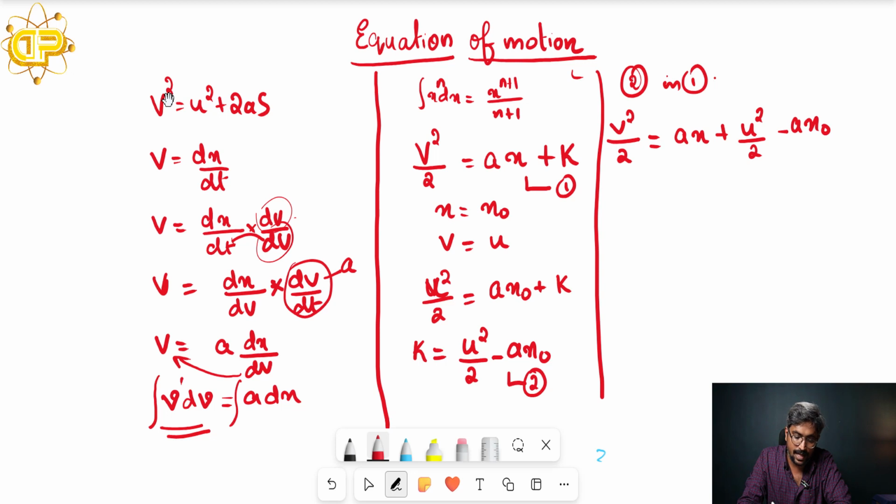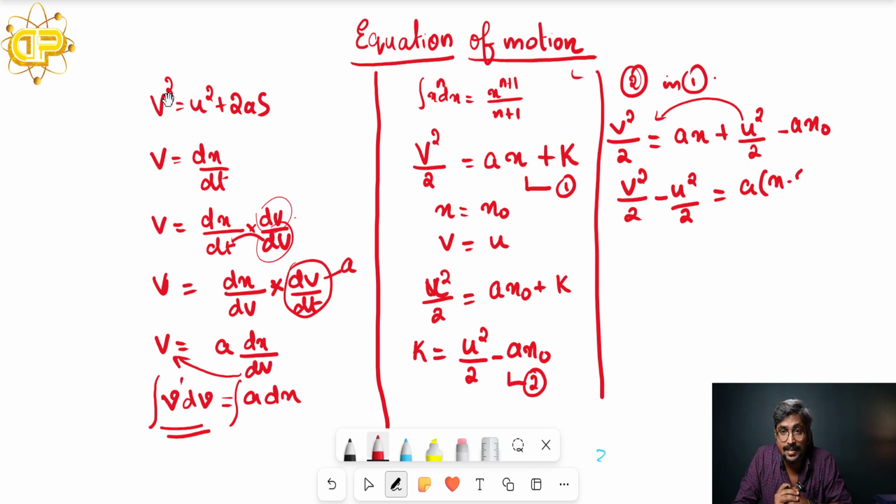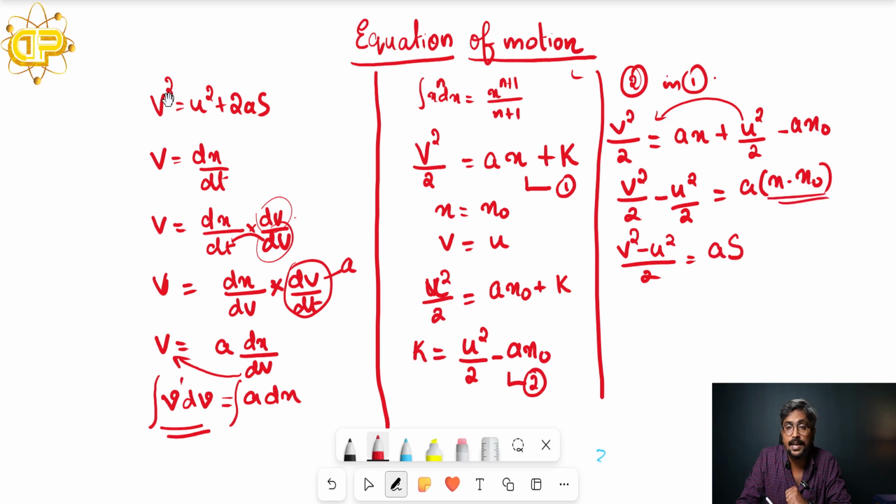You are just taking the values here, so you will get v square by 2 minus u square by 2 is equal to a into x minus x0. Are you getting? Yes. So simple mathematics, from there you will get v square minus u square by 2 is equal to as. Instead of this x minus x0, I am just writing s.